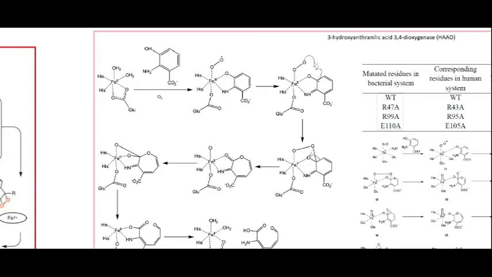And then this shows that this oxygen is now attacking that carbon right there. These electrons are moving up to that oxygen. So we end up with this structure right here.